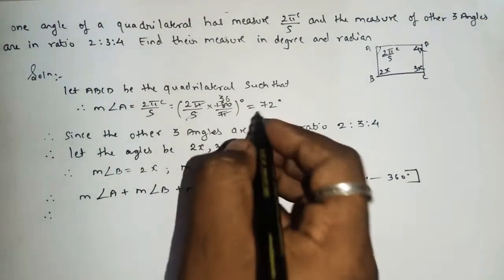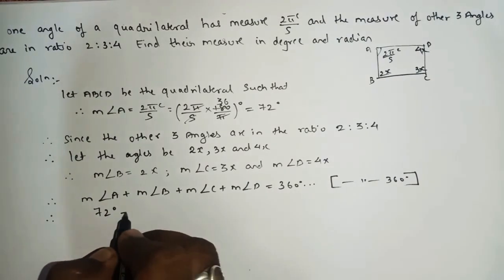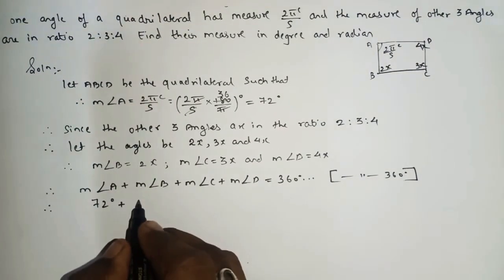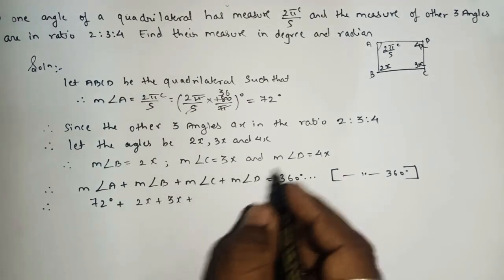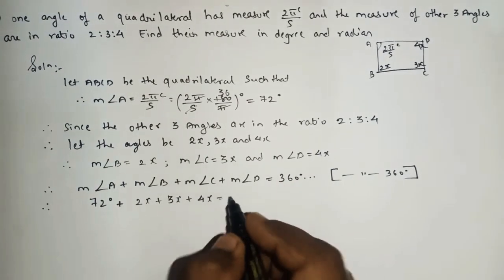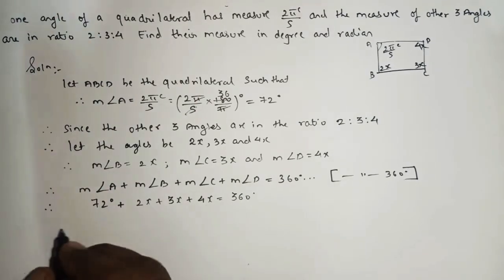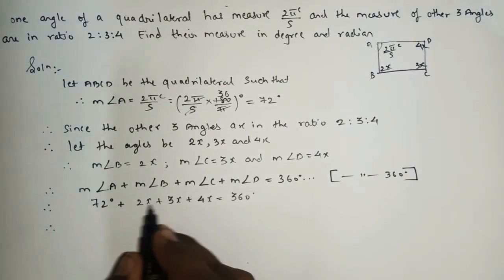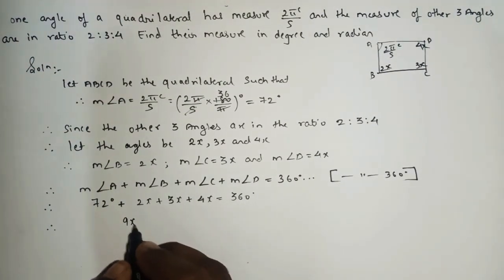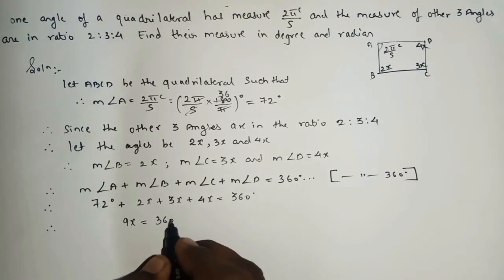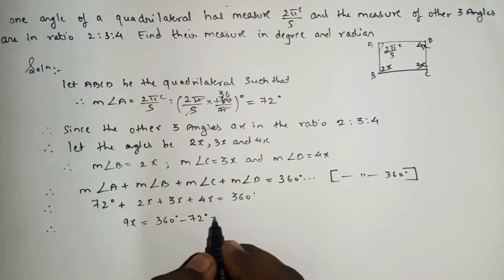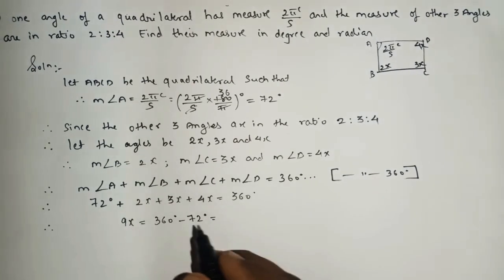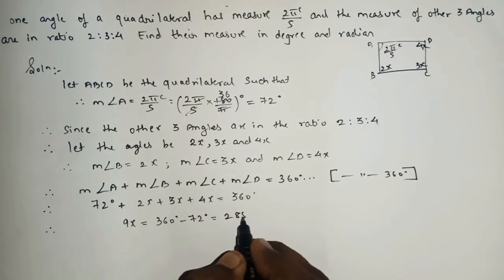So angle A is 72 degree, angle B is 2x, angle C is 3x, angle D is 4x, equals 360. So 9x will be equal to 360 minus 72. So 360 minus 72 will be 288.